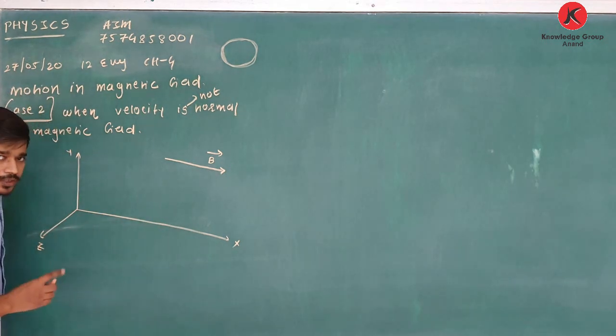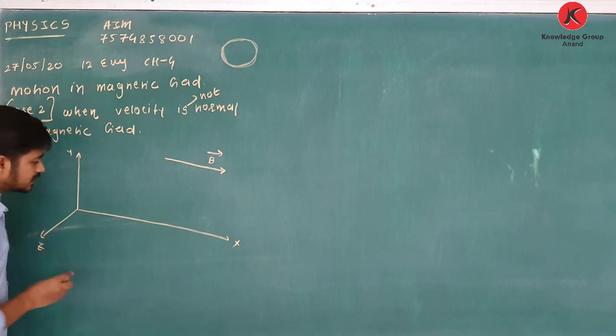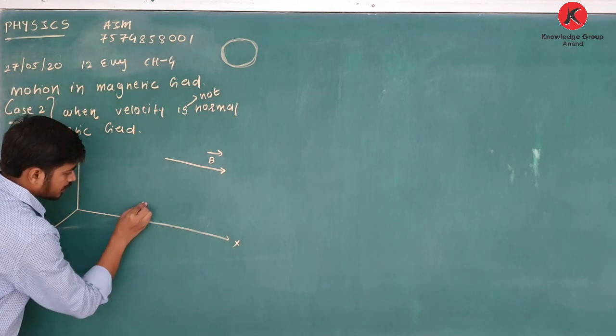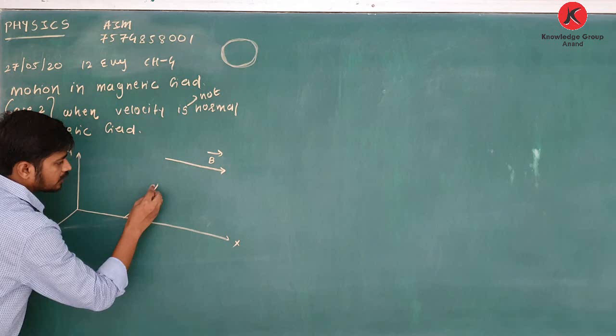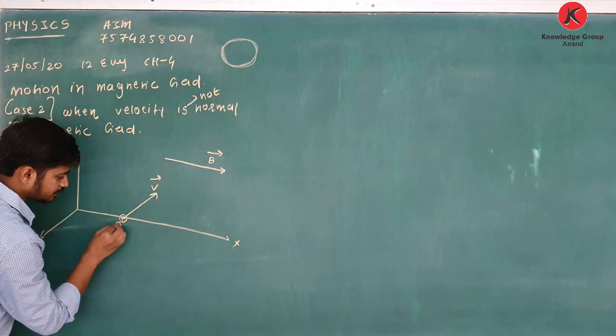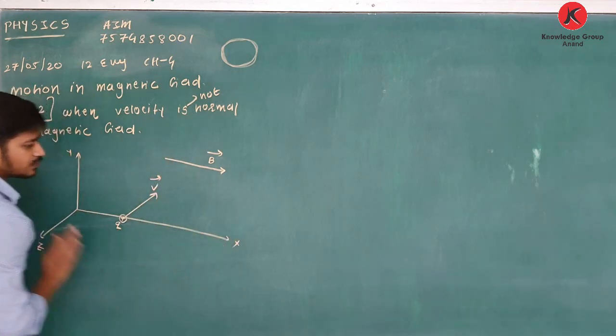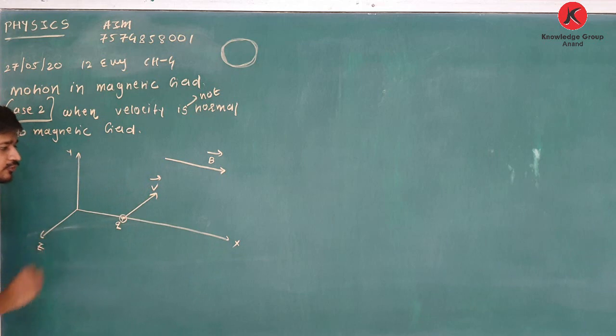Now, if an object enters this magnetic field like this with velocity v, a charge plus q enters this magnetic field. In this region there is a magnetic field, with velocity v.